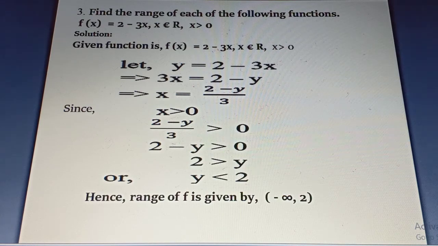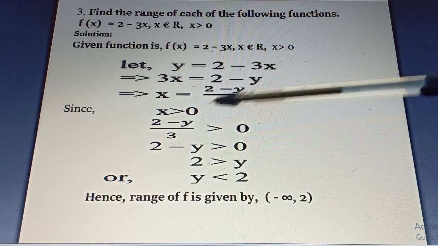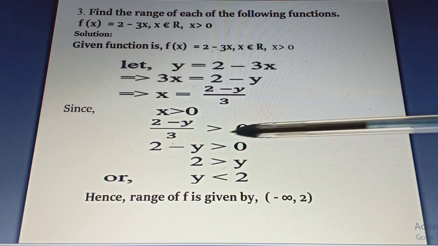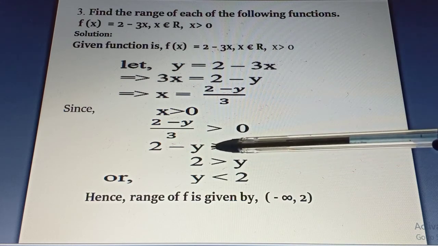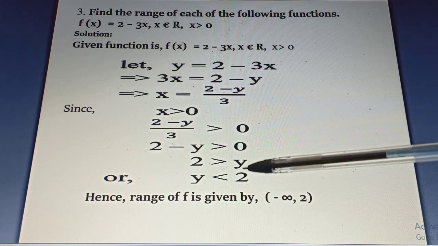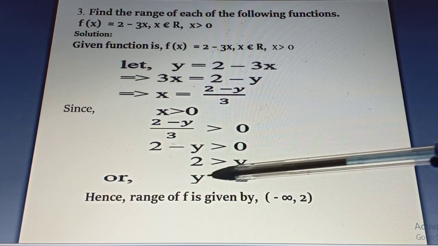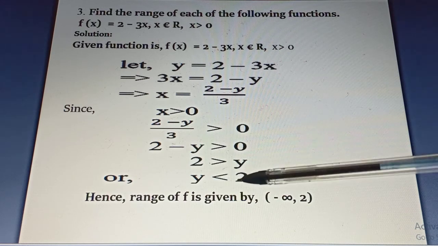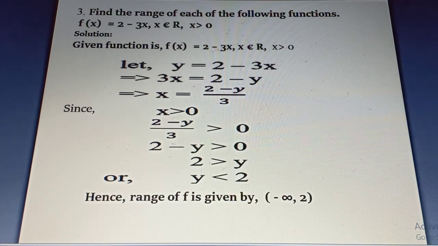Since x is given greater than 0, this expression is also greater than 0. (2 minus y) by 3 is greater than 0. After cross multiplication, 2 minus y is greater than 0. So here 2 is greater than y, or y is less than 2. From this we can write down the range of f, because y is strictly less than 2. The range will be minus infinity to open bracket 2.